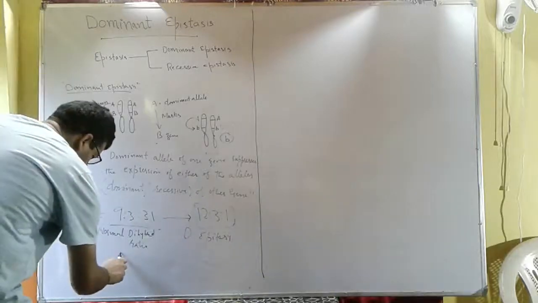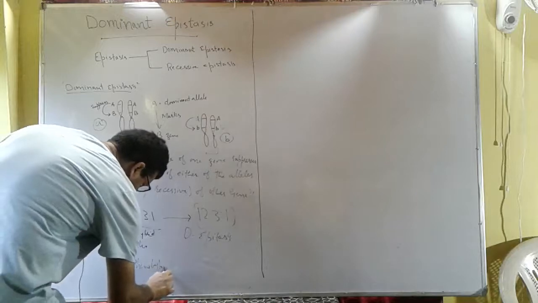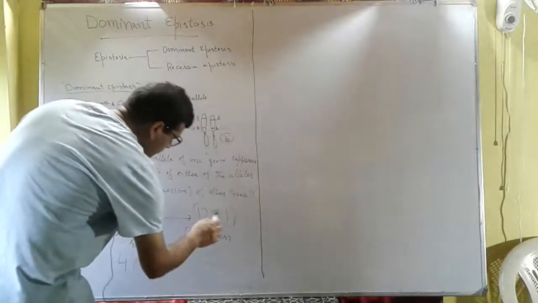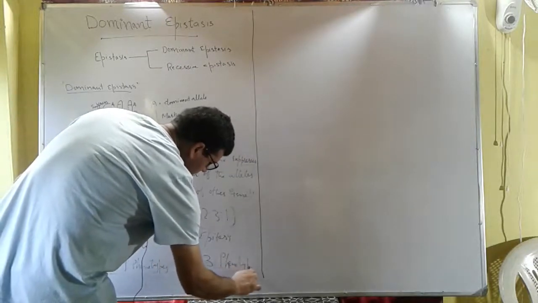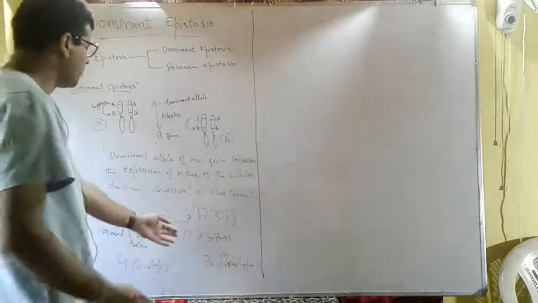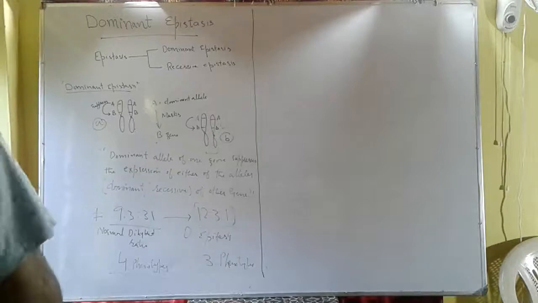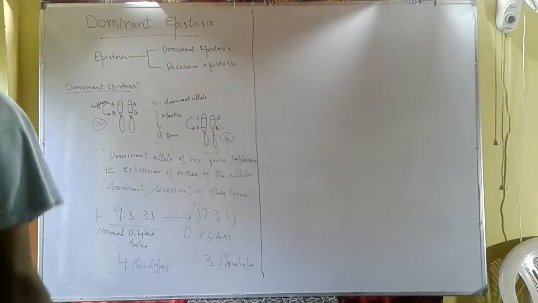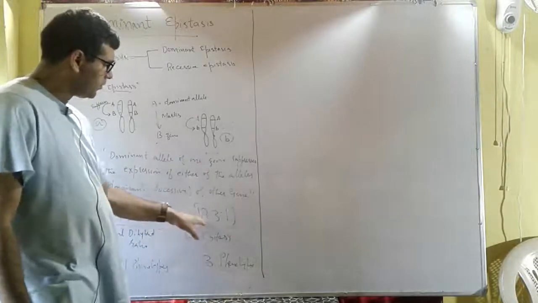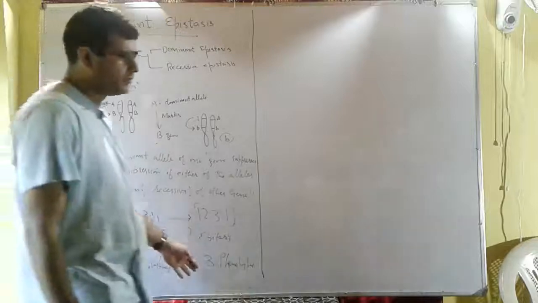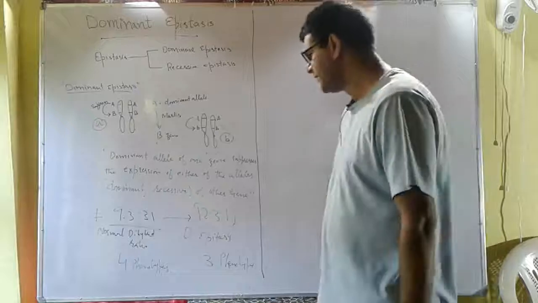So there are 4 phenotypes in the normal dihybrid cross, and here we have only 3 phenotypes in case of dominant epistasis. So in dominant epistasis, the ratio is 12:3:1, and it also reduces the number of phenotypes in the F2 generation.